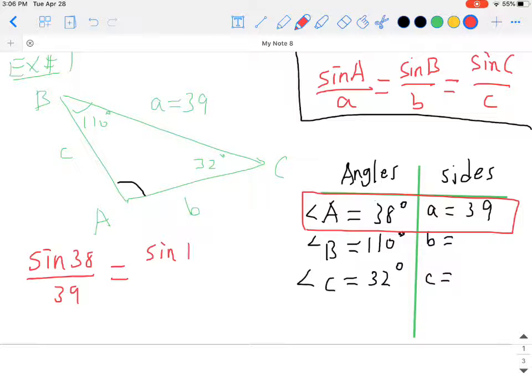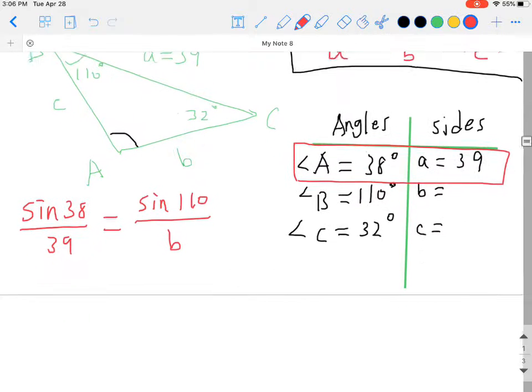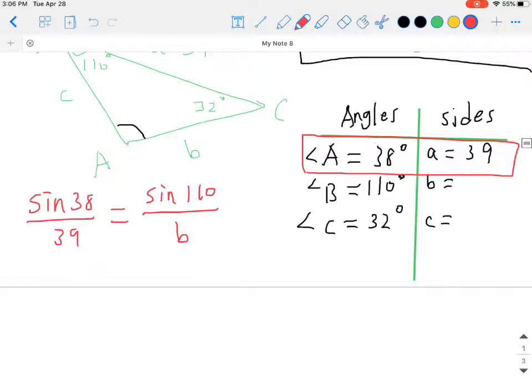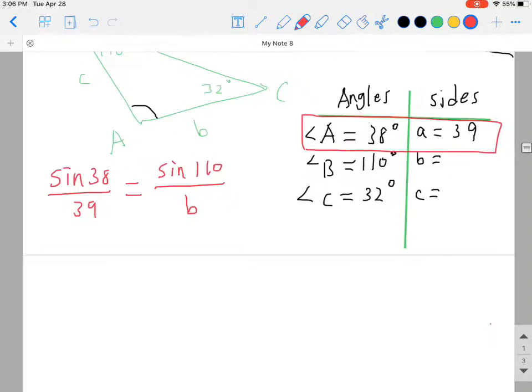Sine B here, the angle is 110, while the side we don't know is b. This is good because this is known, this is known, this is known. The only unknown is b, so we can solve for the unknown side.